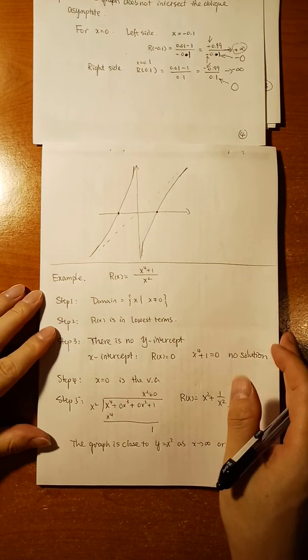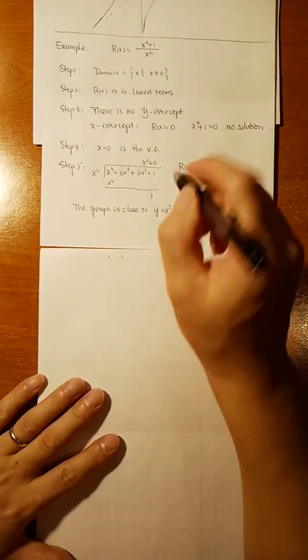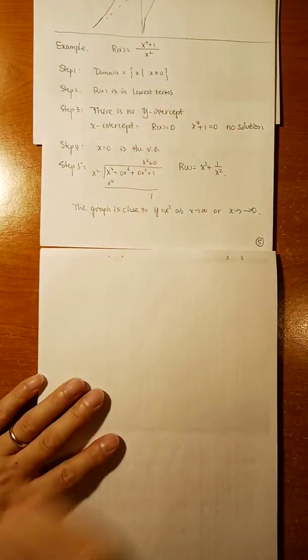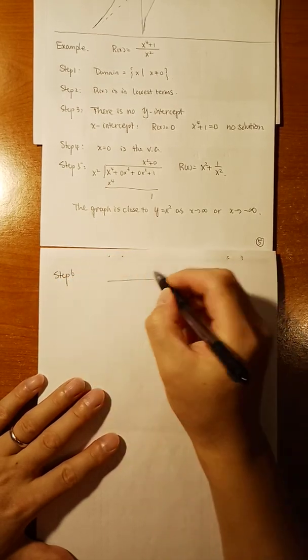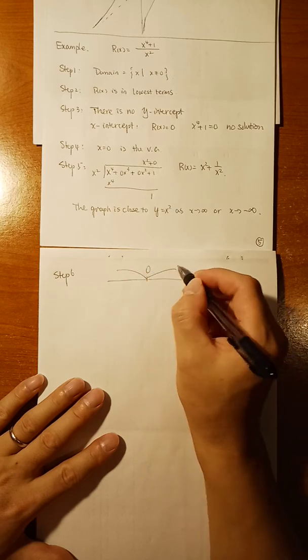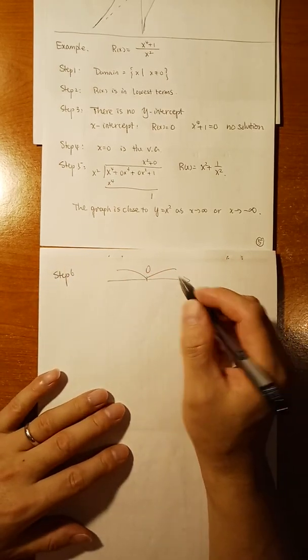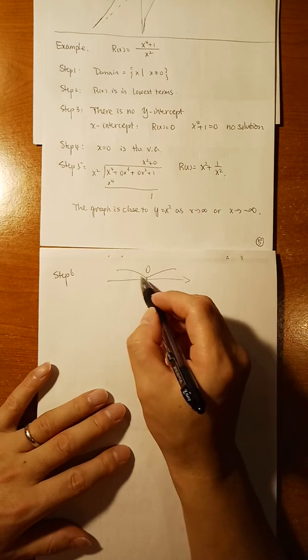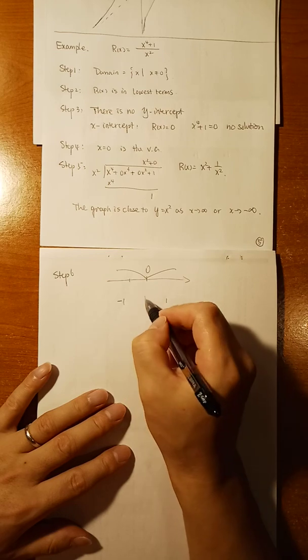Okay, 5, 6. 6 is a summary. But it's okay, we only have one bad point. We don't have an x-intercept, so we don't have a lot of small intervals. On the left side, let's pick -1. On the right side, let's pick +1.